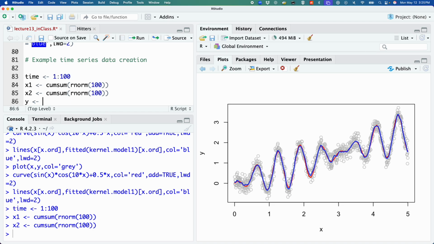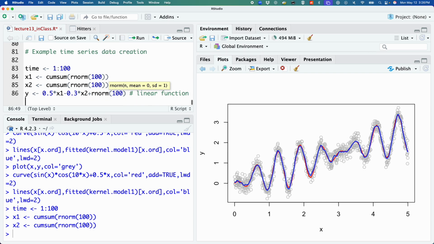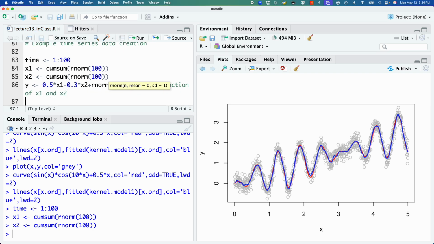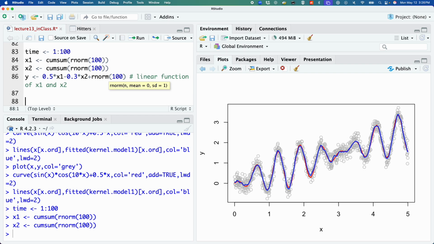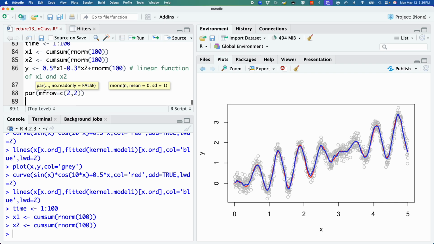And let's do y as 0.5 times x1 minus 0.3 times x2 plus r norm 100. So this is a linear function of x1 and x2. If I plot all of this together, it might look something like this.